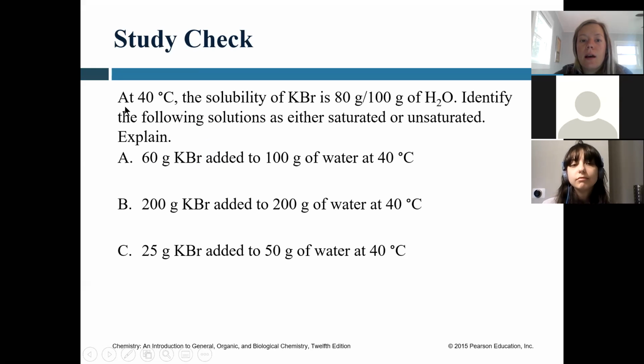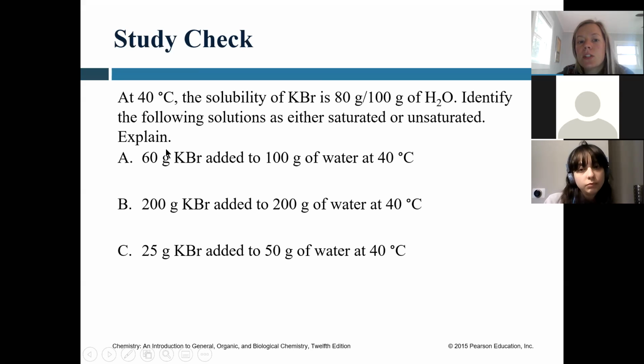So looking at the solubility of KBr, and this is specifically at 40 degrees Celsius, because again, temperature does affect this. So at 40 degrees Celsius, the solubility of KBr is 80 grams of KBr in 100 grams of water. That's pretty high solubility. I mean, it can hold a good amount. Identify the following solutions as either saturated or unsaturated.